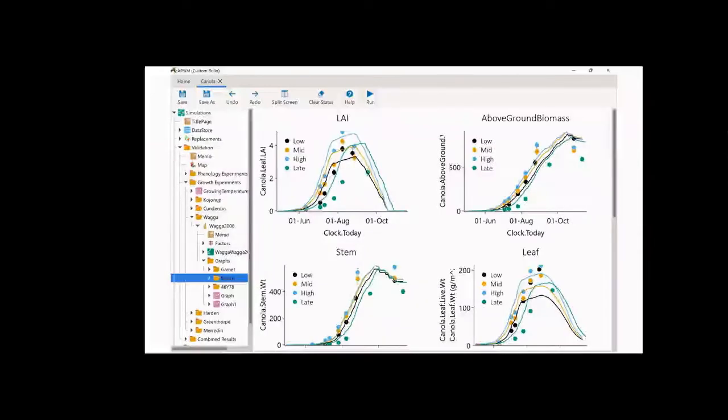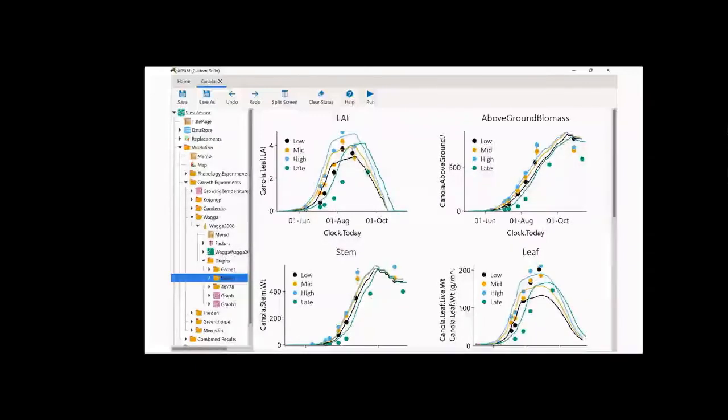Within those tests, this is just one graph of an example test data set that we have. This is for a place in Southern Australia, Wagga. In this case, you have a variety of growing conditions or dates.